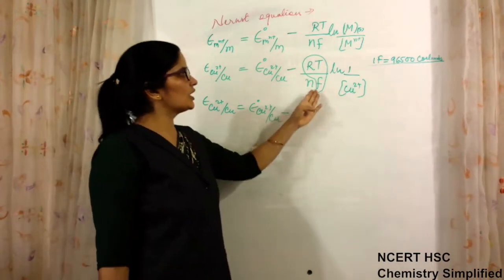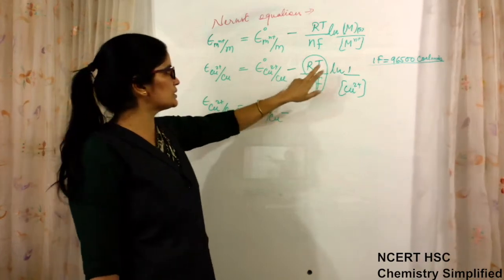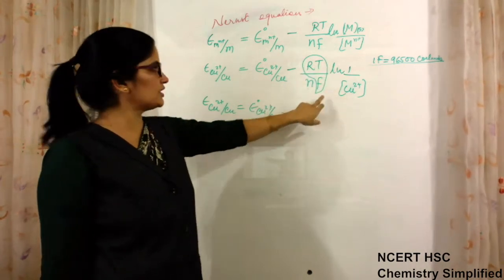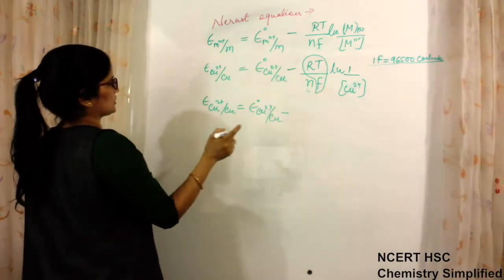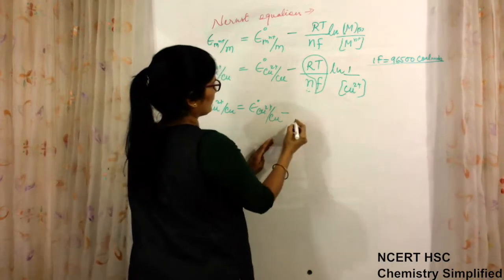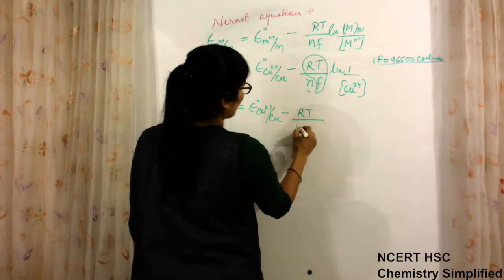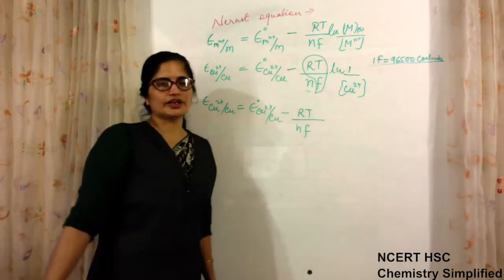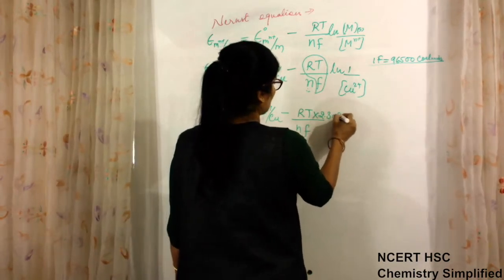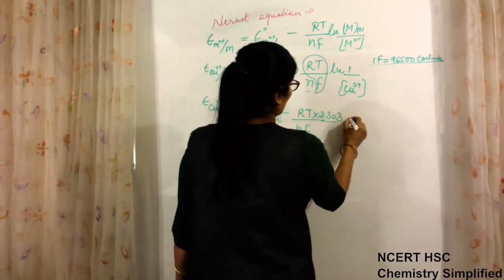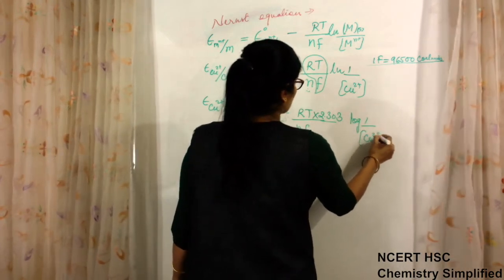This is the charge for 1 Faraday. So if we put the values of R, the universal gas constant 8.31 joules, T and F, these 3 values are fixed, and in this equation n will vary from equation to equation. So it is RT upon nF, and this Ln is converted to log to the base 10, so here 2.303 log 1 upon Cu2 positive.